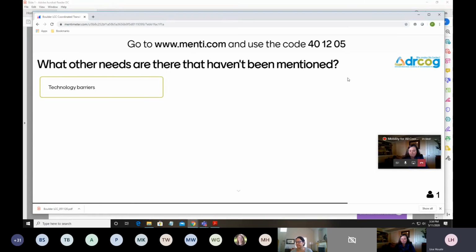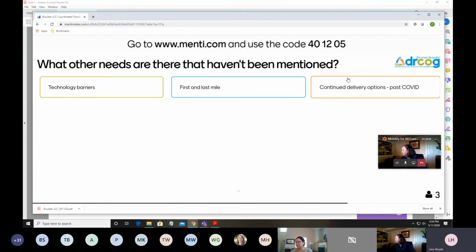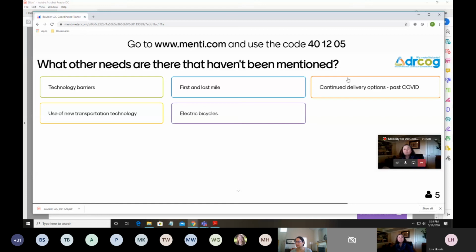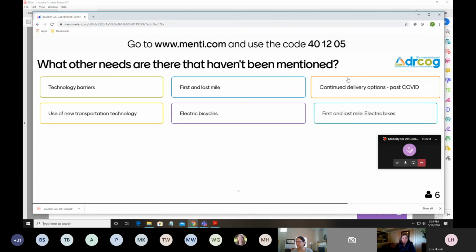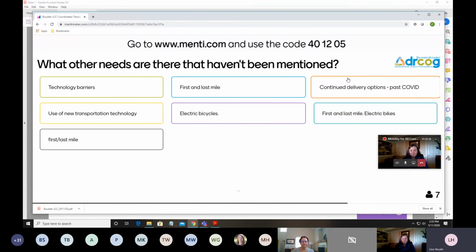Good one. First and last mile, continued delivery options past COVID, definitely. The use of new transportation technology, electric bicycles, first and last mile again, that's a popular one.